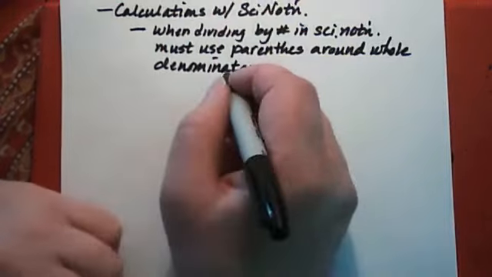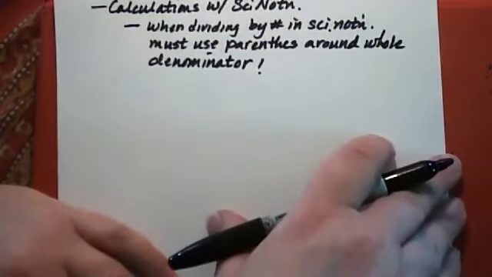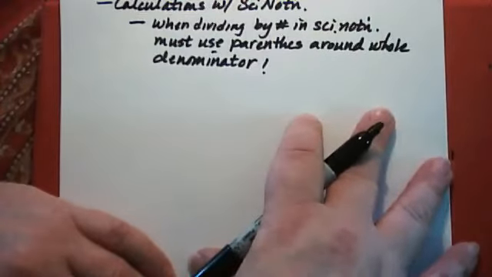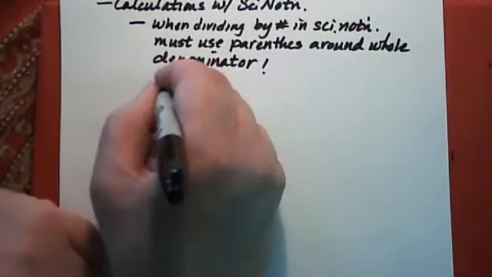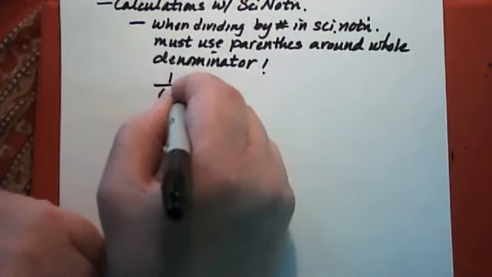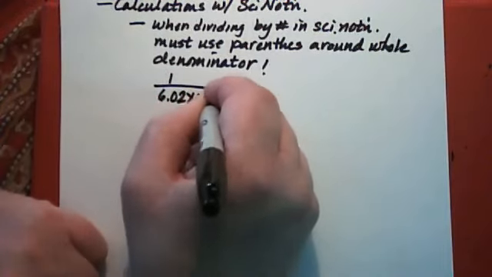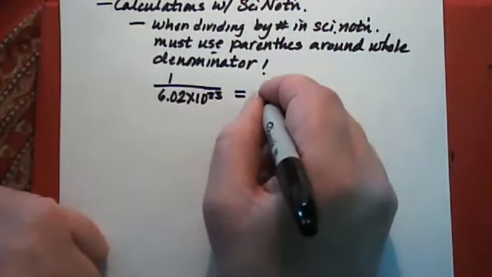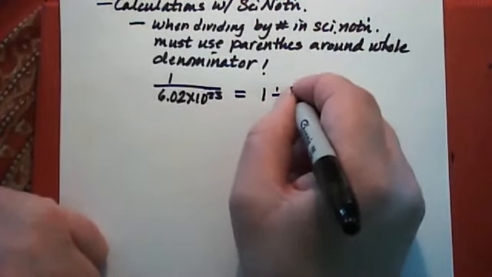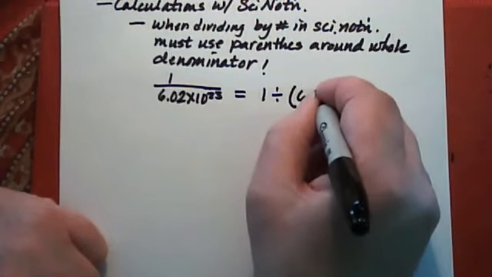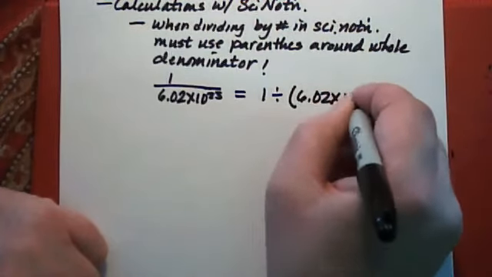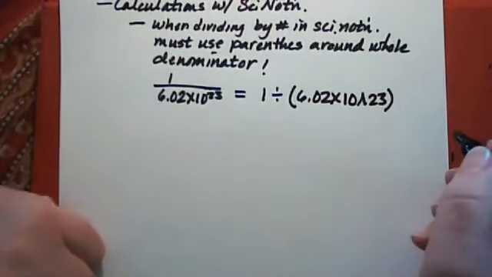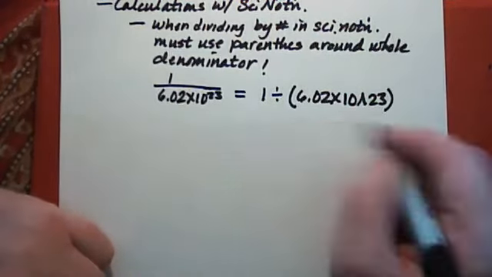That's important because otherwise the calculator will misunderstand what you're trying to do. So say if you're taking 1 divided by 6.02 times 10 to the 23rd. In the calculator, you would take that as 1 divided by parentheses 6.02 times 10 raised to the 23rd power, close parentheses. That's how you have to do it in the calculator.